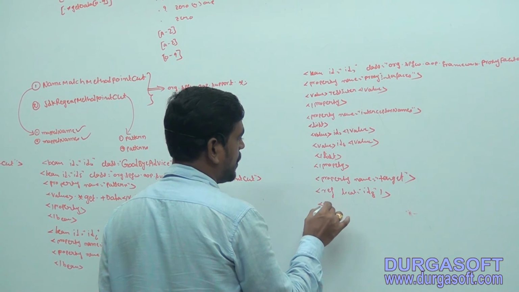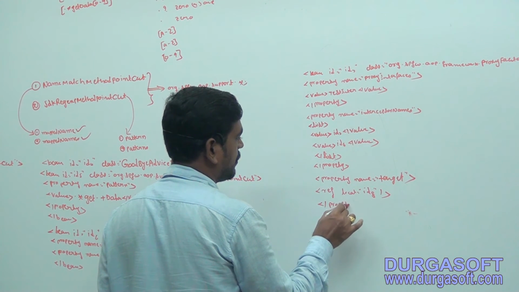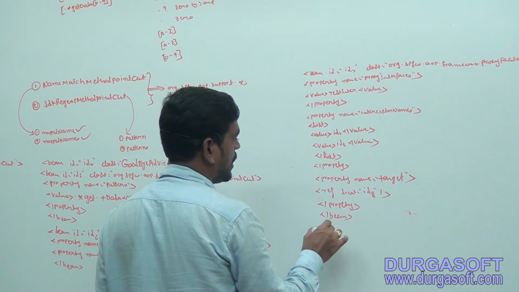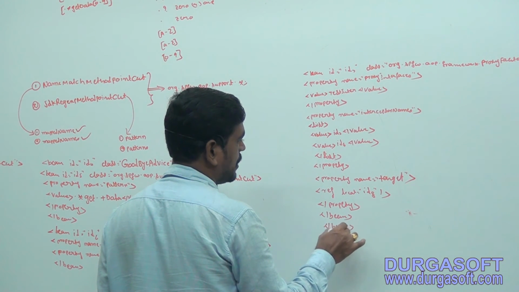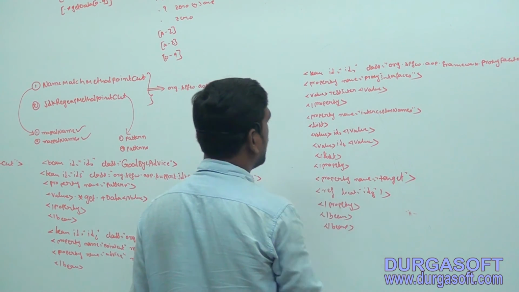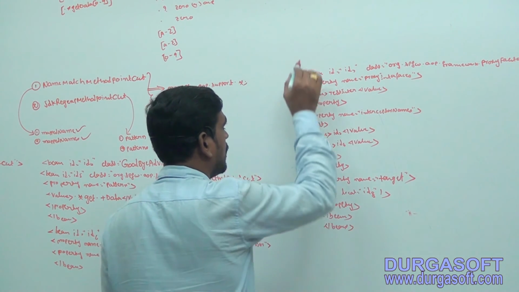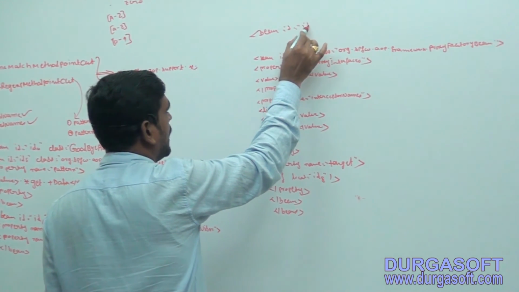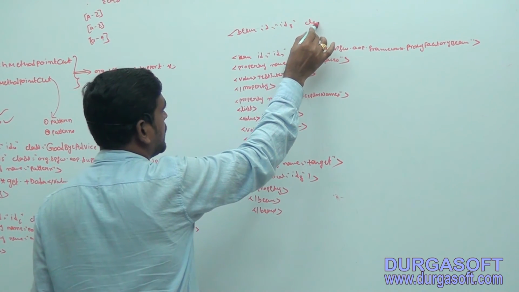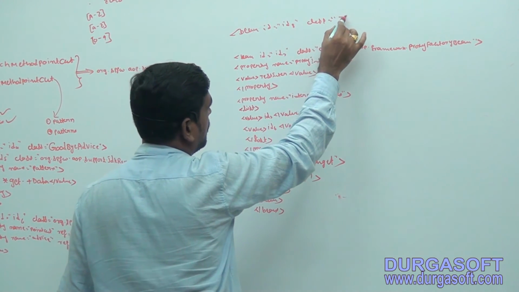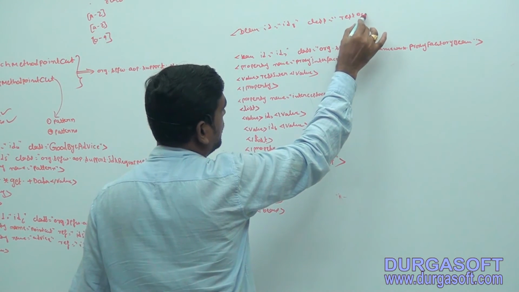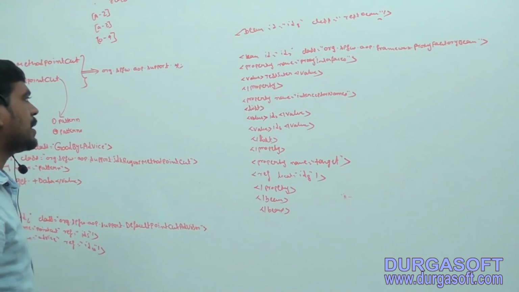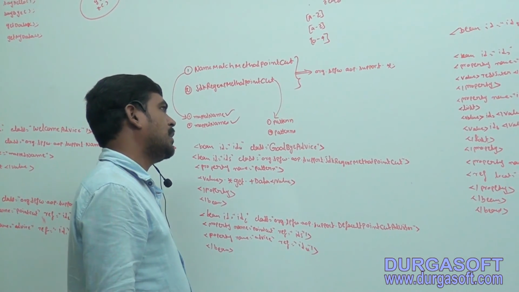Then close the property, close the bean, close the beans. What is this id 8? We have to configure it inside the Spring configuration file. Bean id is equal to id 8, class is equal to TestBean. This is the target class, TestBean. This is the way to configure all the classes.